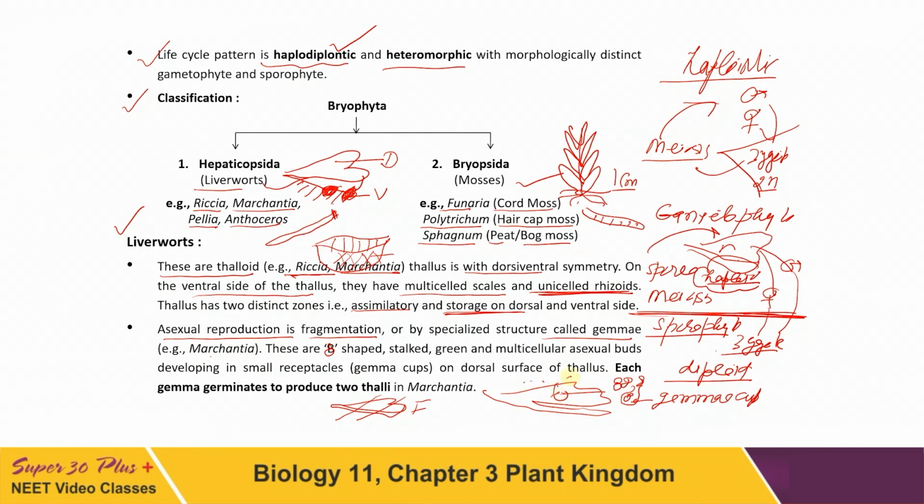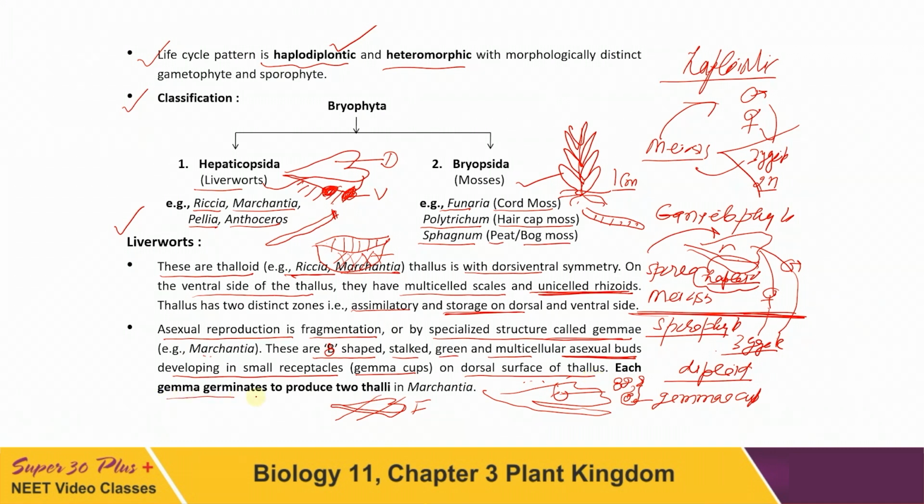I may summarize it. What are the specialized structures in Marchantia? These are 8-shaped, stalked, green, multicellular, asexual buds, developing in a small receptacle known as the gemma cup on the dorsal side of the thallus.